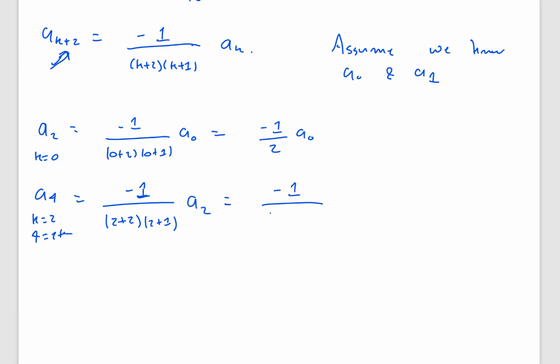Well, I'll have the first part, -1 over (2+2)(2+1), times a_2, which is just -1/2 a_0. Altogether, this is going to be 1 divided by, in the denominator, this is 4, this is 3, this is 2, so in the denominator we have 4 times 3 times 2, otherwise known as 4 factorial, times a_0.